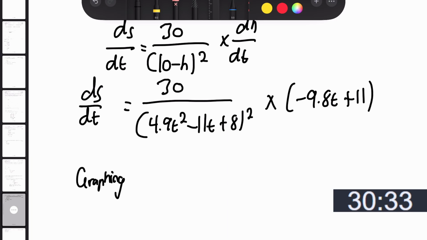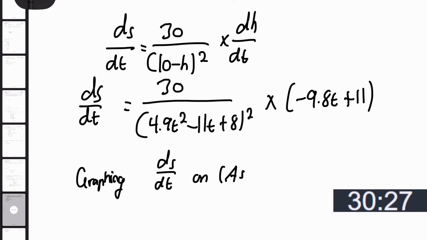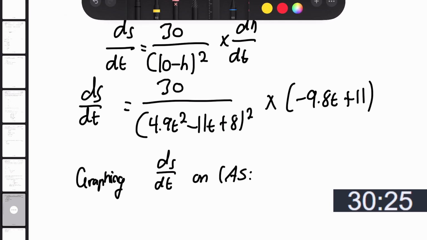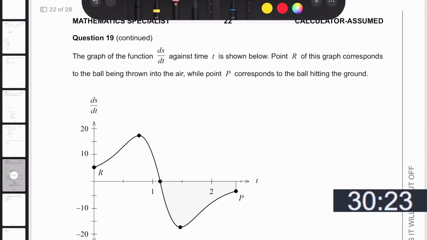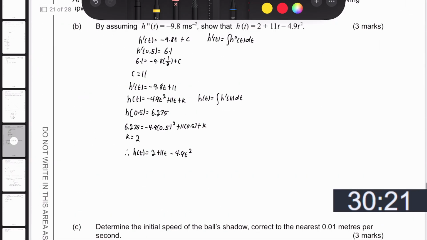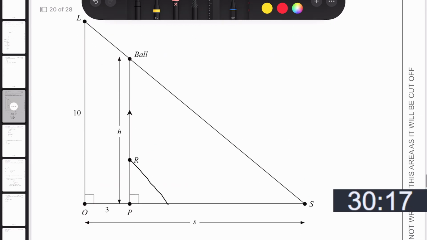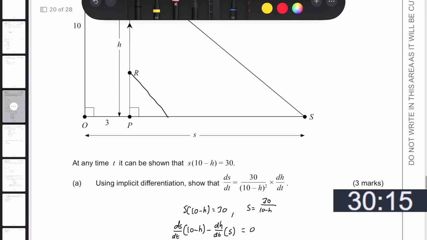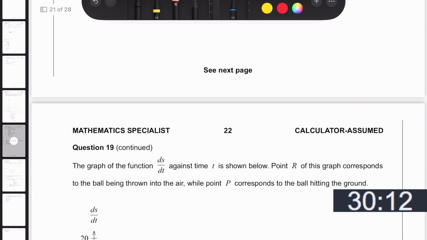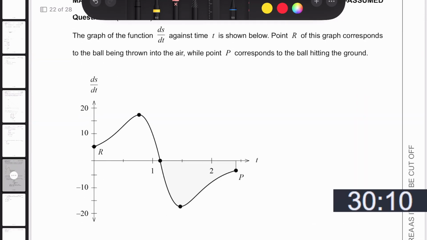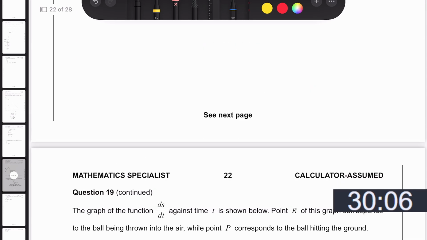Graphing the ds/dt on CAS. Given that zero is less than or equal to t, when P corresponds to the ball hitting the ground.